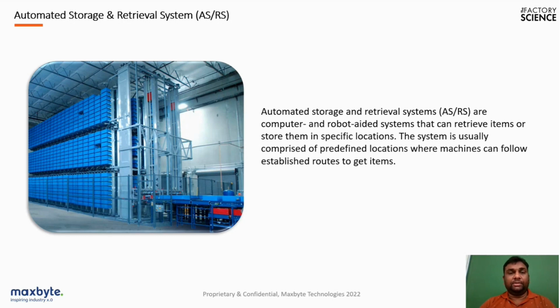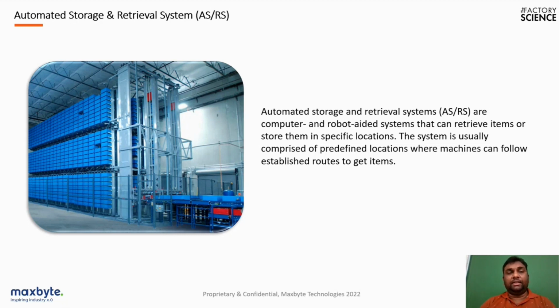So the automated storage and retrieval system is nothing but a computer and robot-aided system that can retrieve the items and store them in specific locations. So whenever we want to get back to a particular material, we can easily access that material and it will be retrieved automatically and given to the person who is requesting it. So this is the key concept of automated storage and retrieval.